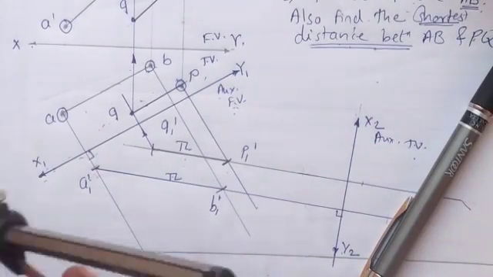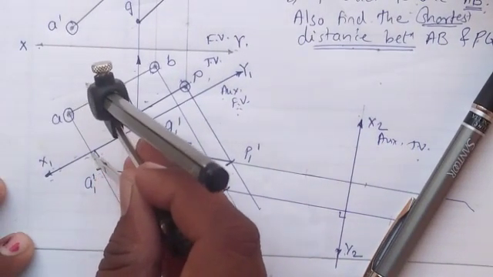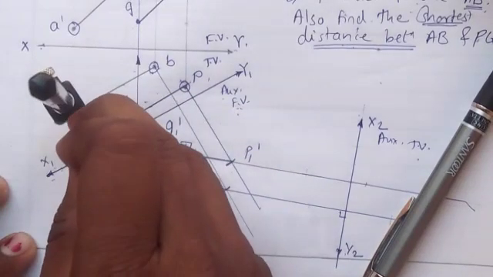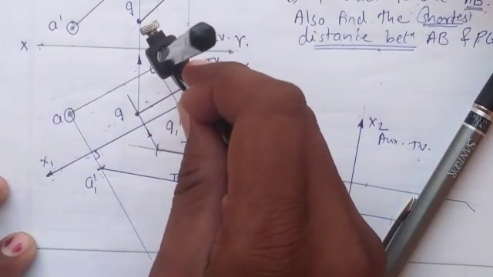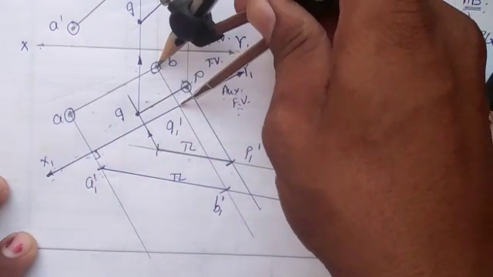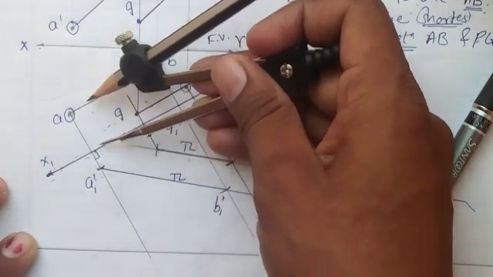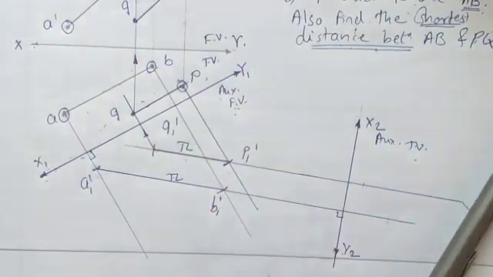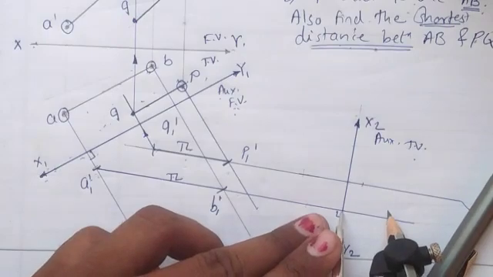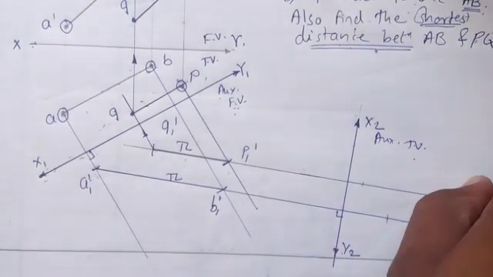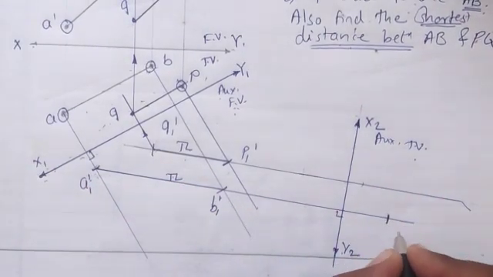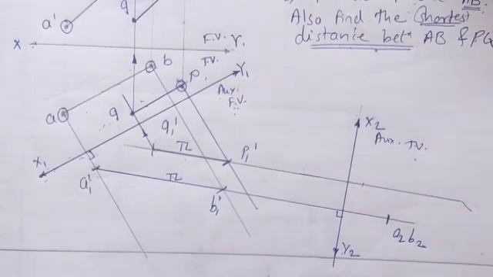See here, A's distance and B's distance is one and the same. Why is it one and the same? Because line AB is parallel to x1 y1. So take it and mark here. You'll get A2, B2.